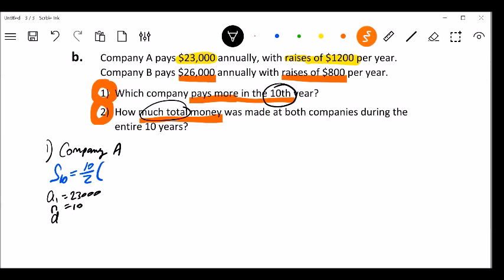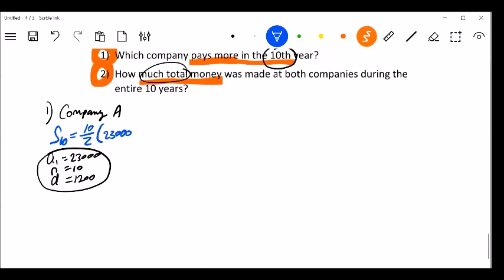And the common difference that's being added every year is 1,200. So that's something I should have written first. But let's use that information now. Here, the n over 2, and then the amount of the first one. But we don't know the ending amount.